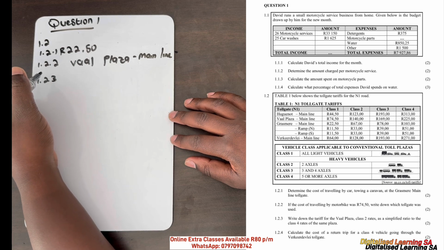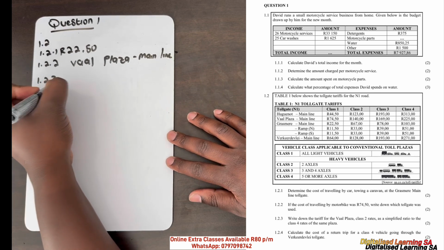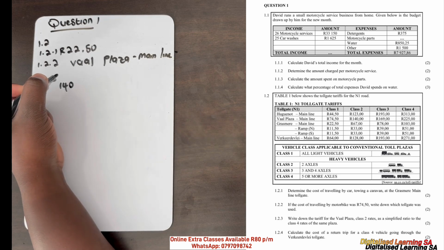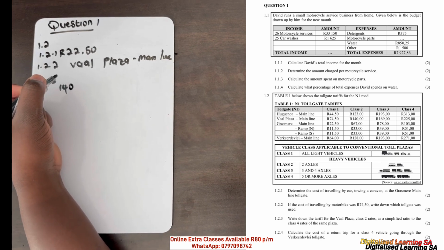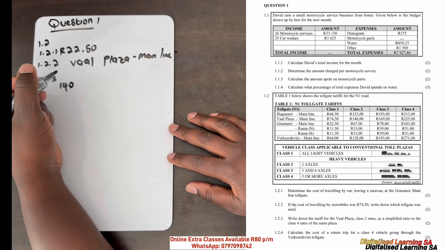Question 1.2.3 says write down the tariff for the Val Plaza class 2 rates. So Val Plaza class 2 rates, it is 140. Okay, and then we are also told to write it as a simplified ratio to the class 4 rates of the same plaza.